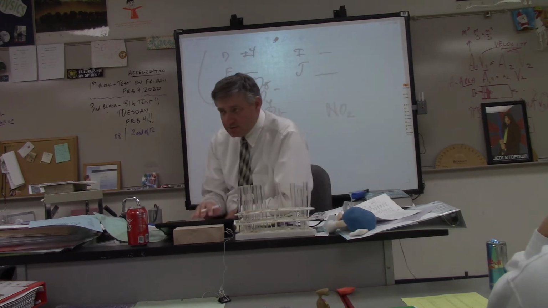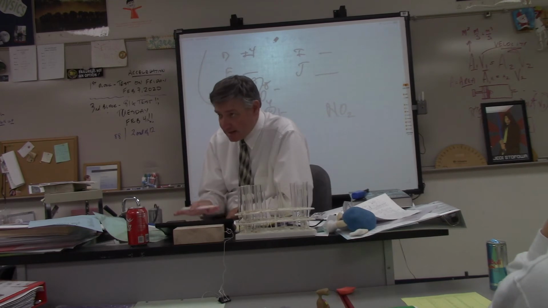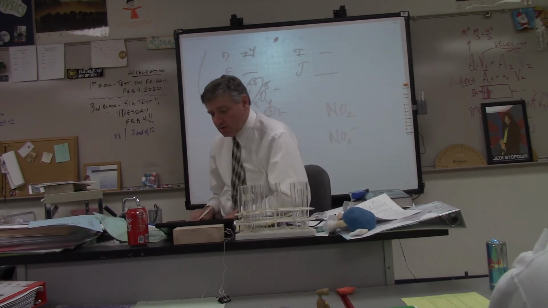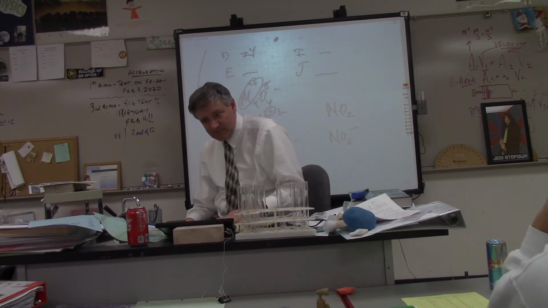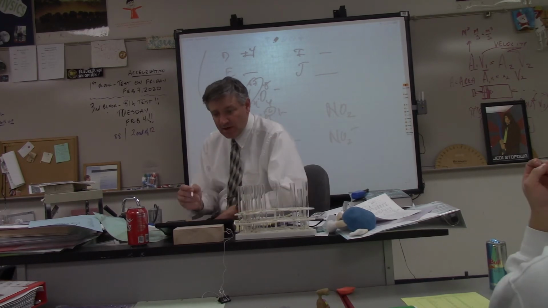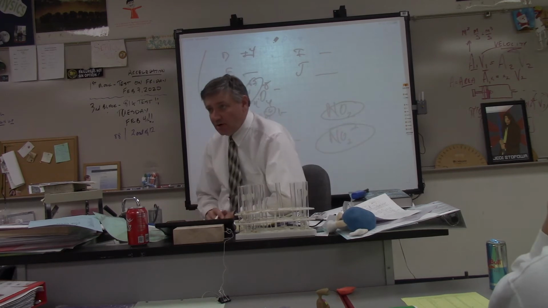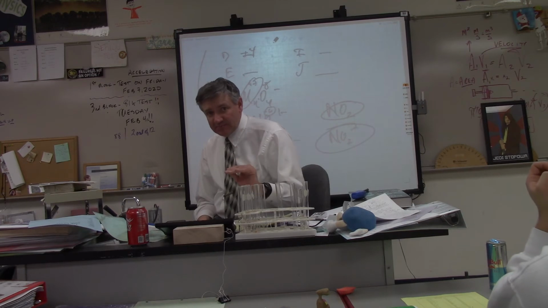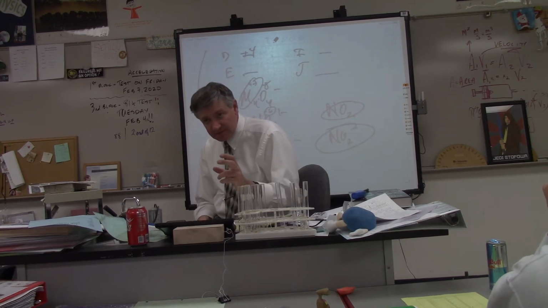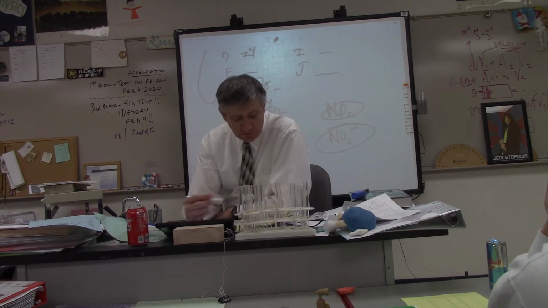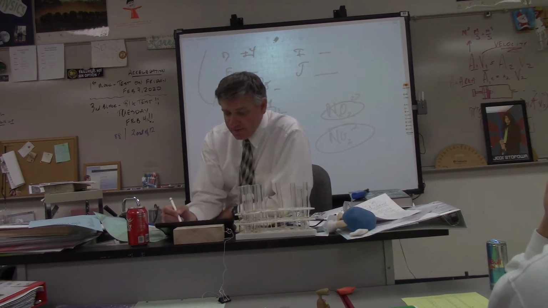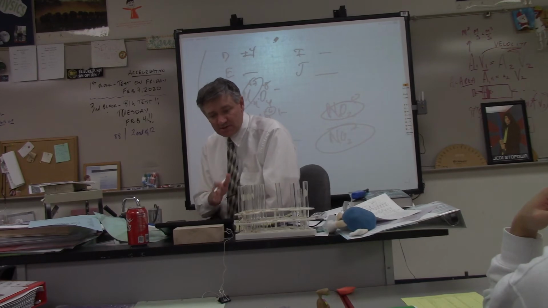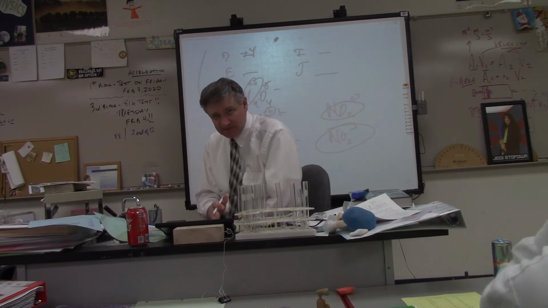Okay, now here's what's different on NO2. So you can have NO2, which is nitrogen dioxide, or you can have NO2 1 minus, which is nitrite. Okay, there's a huge difference between the two. This is a gas, this is a soluble ion. Okay, they're completely different based upon the structure. So if it's NO2, which is what this is, everything adds up to 0. So if everything adds up to 0, what's the oxidation state of the nitrogen?